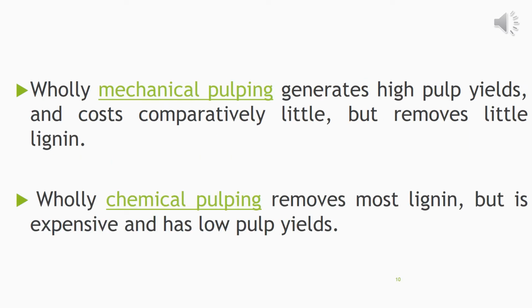The other two types of pulping are mechanical pulping and chemical pulping. If these pulping techniques are adopted, what will happen? Wholly mechanical pulping generates a high pulp yield.